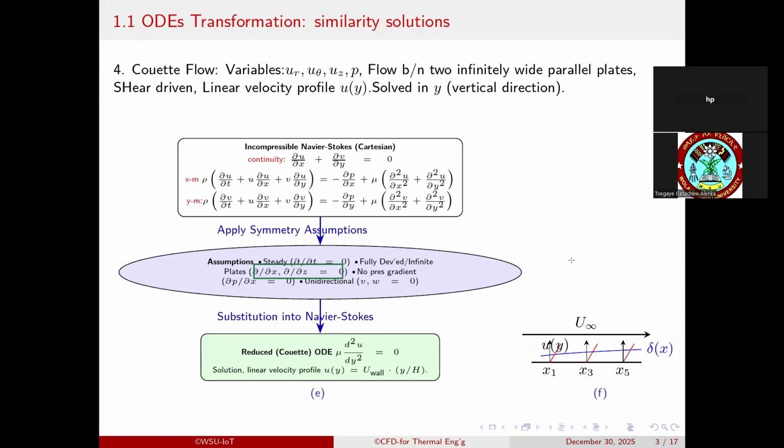Pressure gradient is zero along the plate motion, with dominant x motion. Those assumptions reduce the momentum equation to a simplified form as seen, and integrating twice gives us the linear velocity profile u at y.